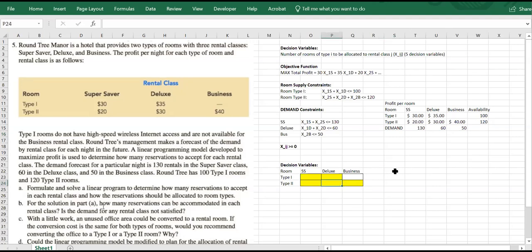So our objective function now, objective, which is the profit, is going to be some product of array.